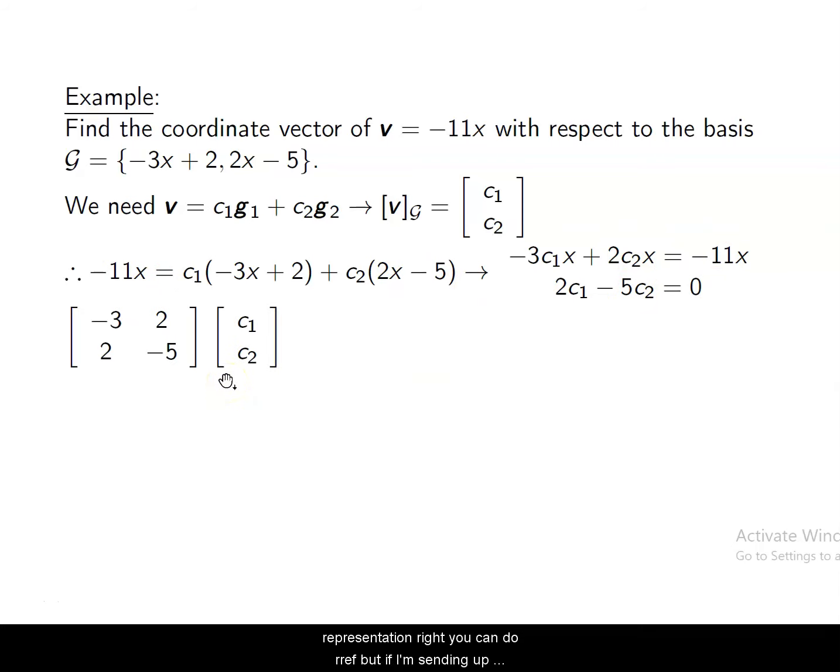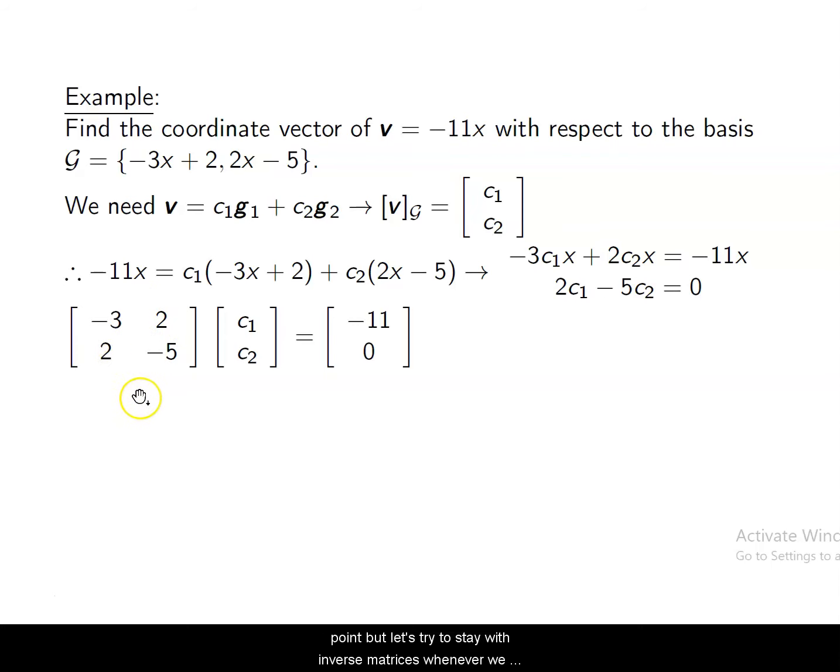So this is the vector representation. You can do RREF, but if I'm setting it up this way, it's very obvious that I'm looking to use an inverse here. Inverses are generally easier to do, especially if it's a 2x2 matrix. Whatever you want to do to solve.